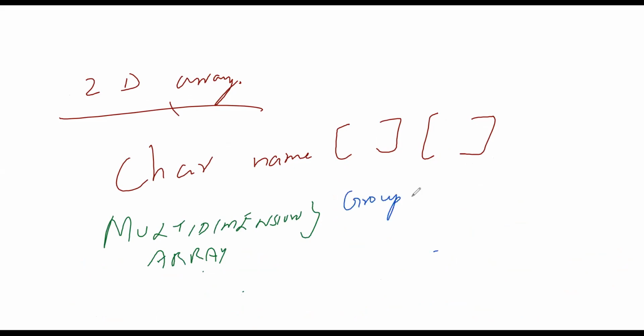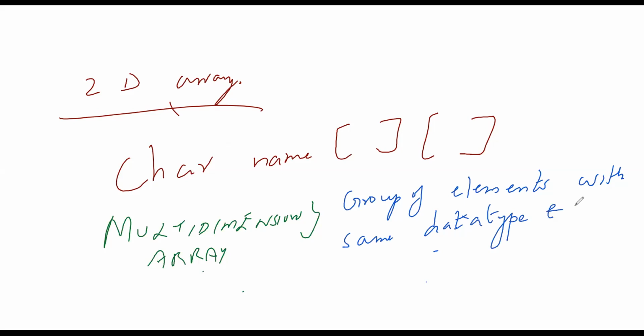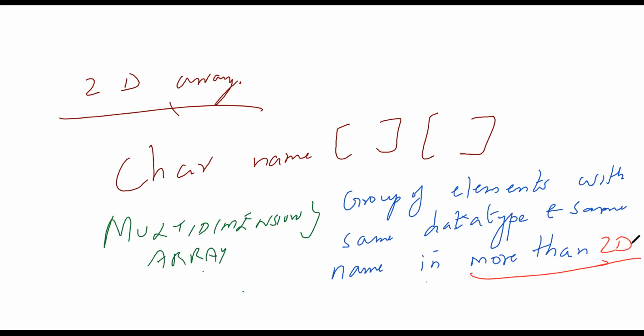Again, group of elements with same data type and same name in more than 2 dimensions. Correct? More than what? 2 dimensions. This is a keyword.